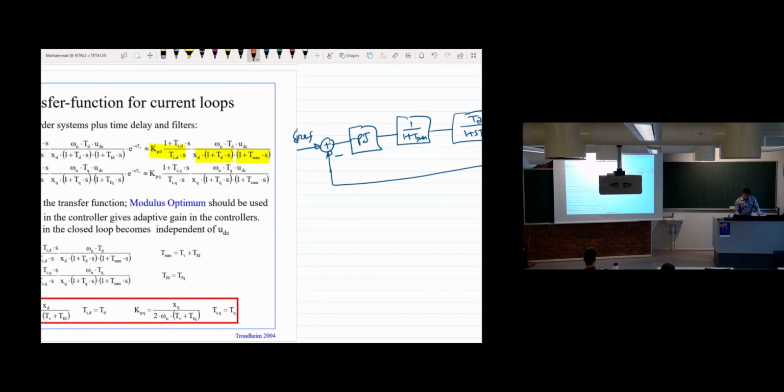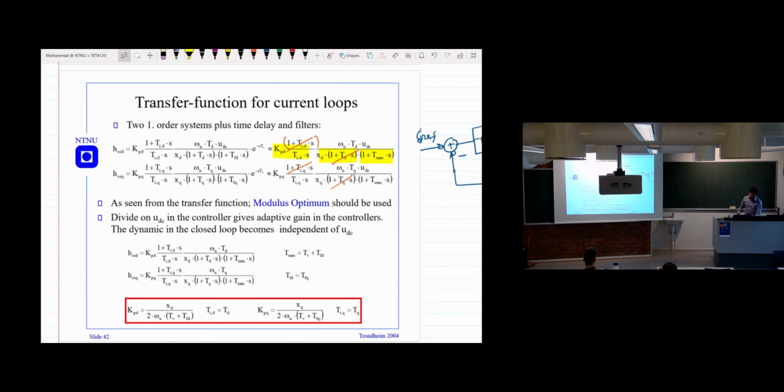Once you have this open loop transfer function, you can apply the modulus optimum tuning method, like cancelling the pole with one of the zeros. This is the method that we discussed in all the other control parts. We are cancelling, which means we put TID equal to the same TD, and the TD is from the machine. It's machine data.